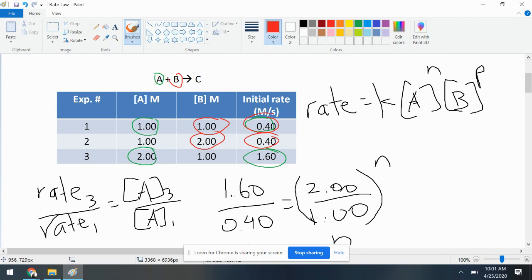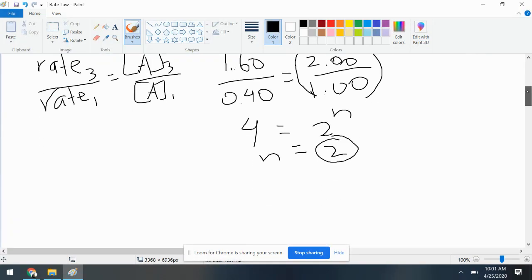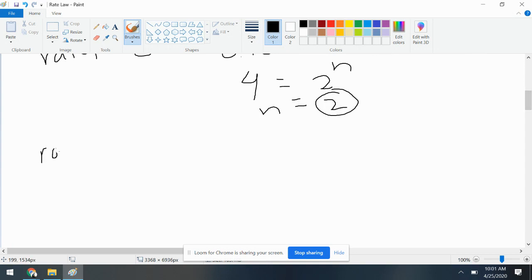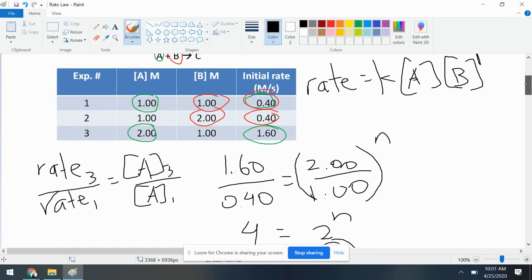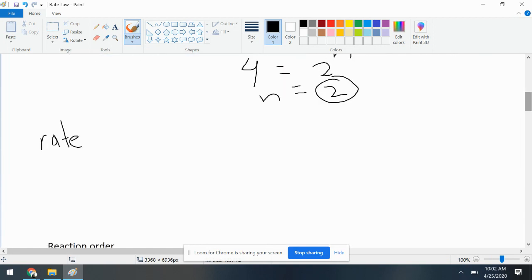Okay, so now I'm going to go ahead and see what's going to happen here. So again, I'm going to set it up, rate. Okay, I'm going to come back up, make sure. Okay, so the second one is bigger. All right, so rate over rate, I'm going to set this up.